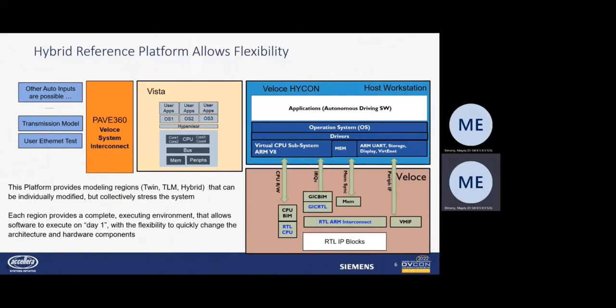And we can run all of this from day one, as I mentioned. And our application for this presentation is an automotive or autonomous driving software application.